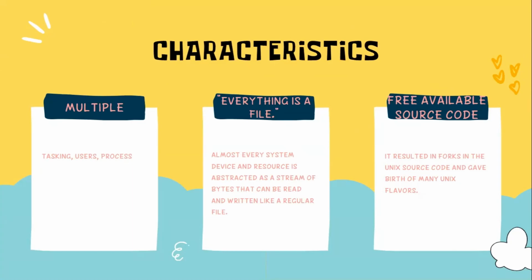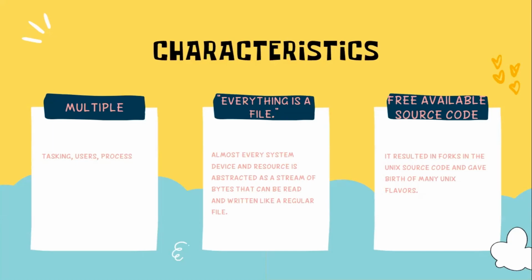Also, they often share the characteristic known as everything is a file. It means that almost every system device and resource is abstracted as a string of bytes that can be read and written like a regular file.